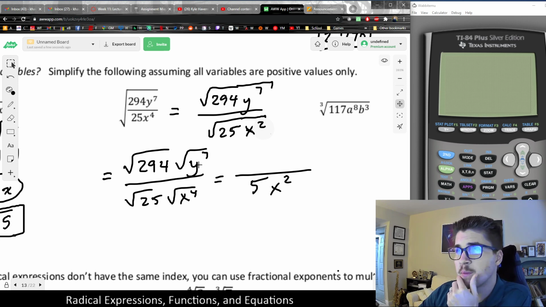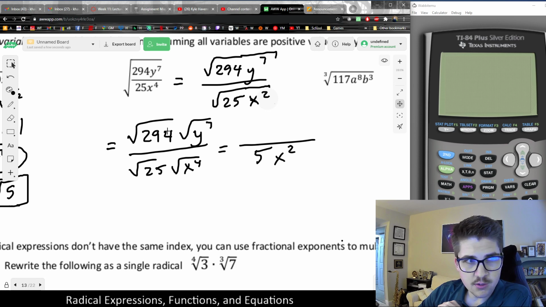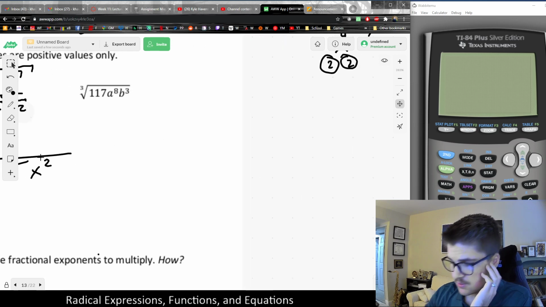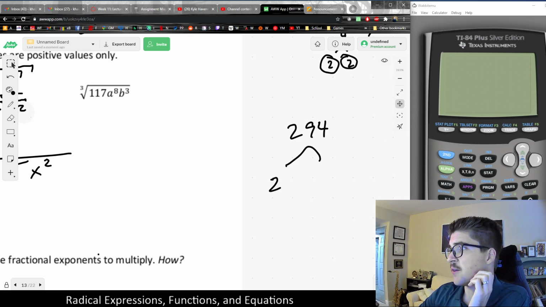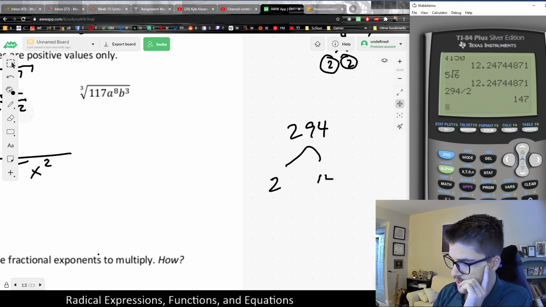Now, for the other components, 7/2 is not easily simplifiable. Neither is 294, because that is not a perfect square. But again, I could apply the strategy we were talking about before, where I could think about how 294 simplifies. So I could try factorizing 294. 294 is definitely 2 times something. If I don't know off the top of my head what would be left over, we can always divide it out to see. That would leave me with 147.